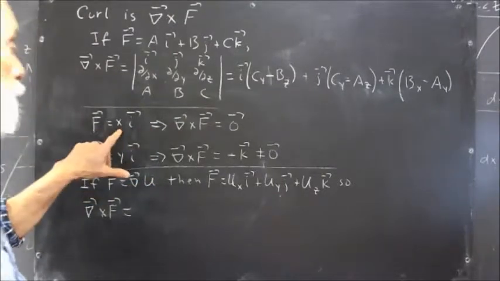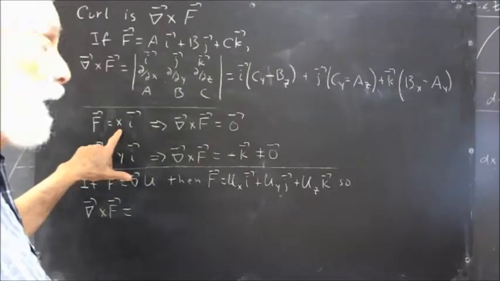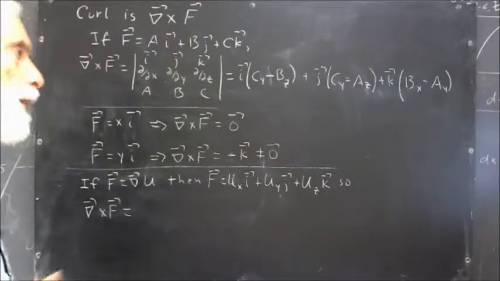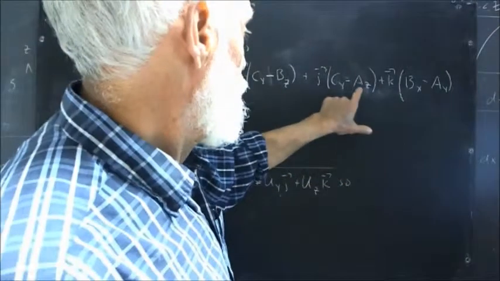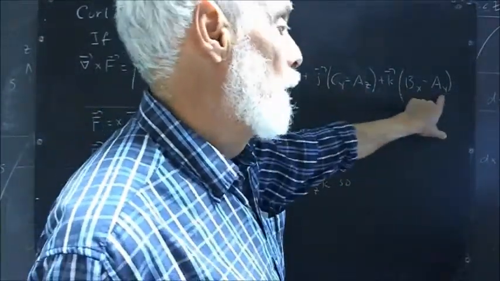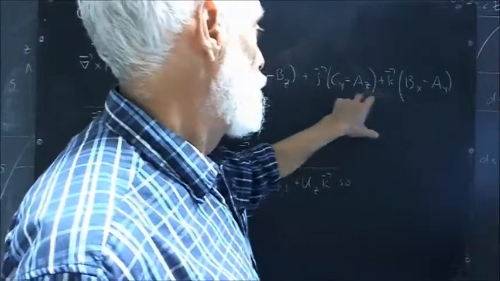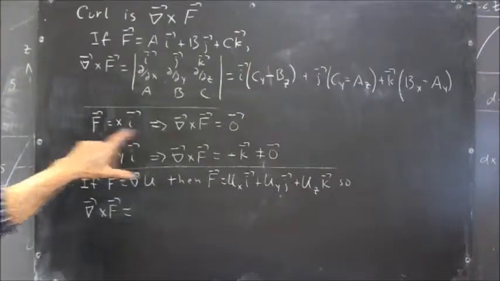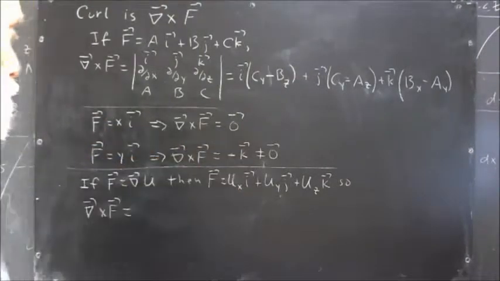So the only function that's non-zero is the A function. The A function is equal to x. The only place the A derivatives occur are here, and it's the z derivative here, the y derivative here. Well, the z derivative and the y derivative of A being equal to x are both clearly zero. So the del cross F is zero.